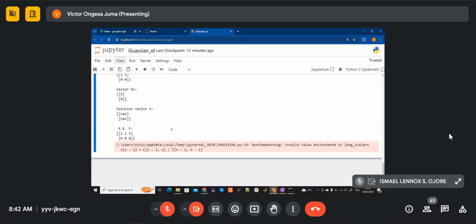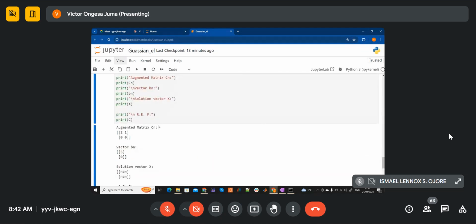But still this one does not make sense. So it means there is a problem somewhere in the code that I need to check.